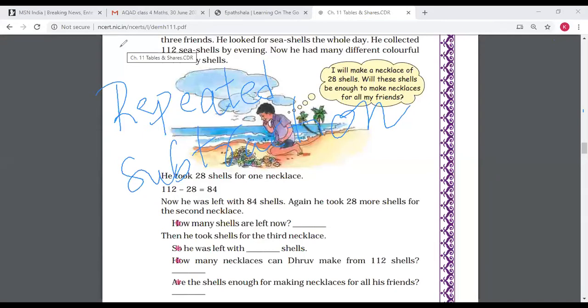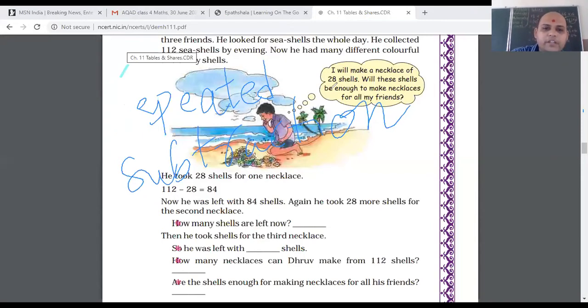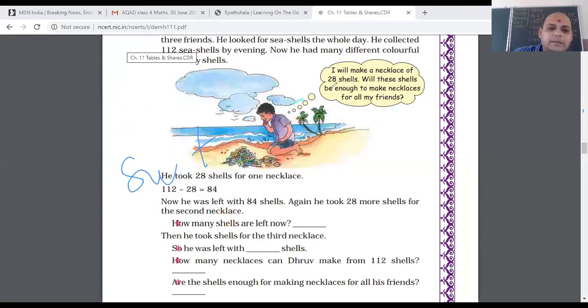So what happens is, in this example you have to do repeated subtraction. Okay, the question is, 128 minus 28, that is going to be 84.